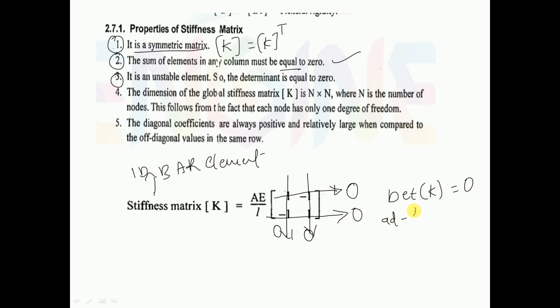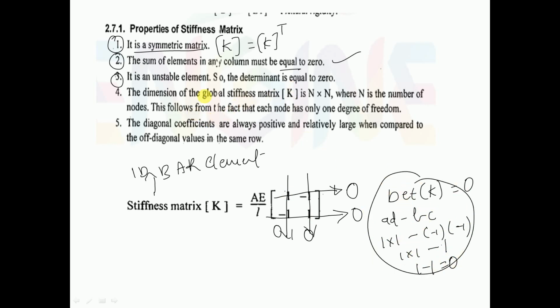AD minus BC. What is AD? A is 1, D is 1, that is 1 into 1. And what is BC? B is minus 1 and C is minus 1. So 1 into 1 minus minus 1 into minus 1, therefore you get 1 minus 1 is equal to 0. So this is one of the properties of the stiffness matrix.